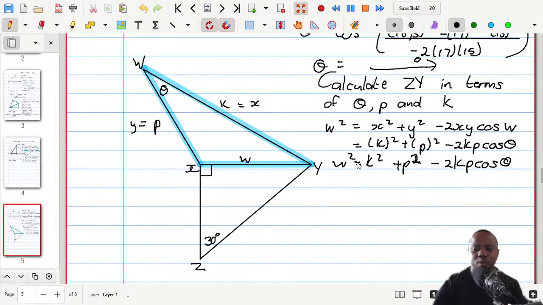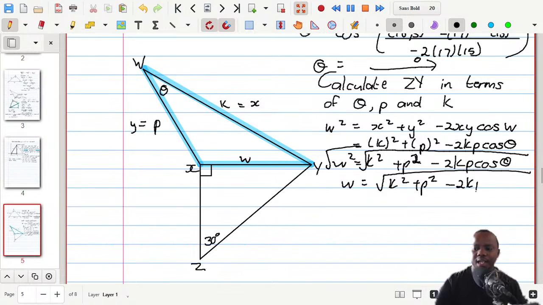This is w squared, by the way, so we need to find the square root here. There we get that w is equal to the square root of k squared plus p squared minus 2kp cos of theta. There we have it, life is great.